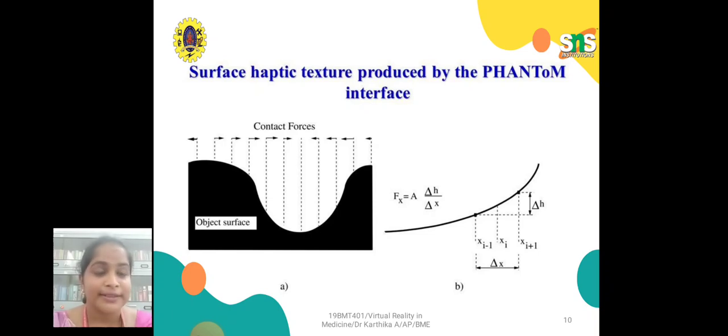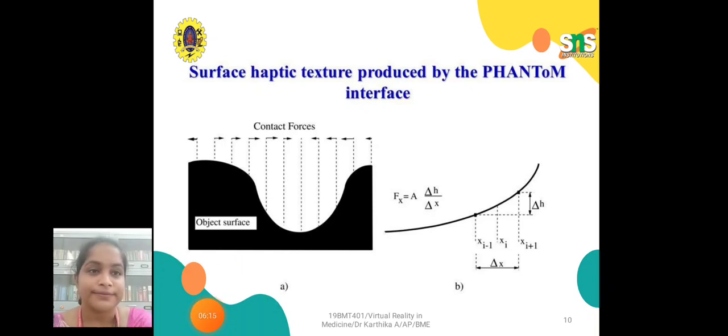See here, del x is the distance between the 2 points. Here the points are x i minus 1 on the left side and x i plus 1 on the right side. And also we have to calculate the height at the upward as well as the downward sides to produce the exact experience in the VR world.